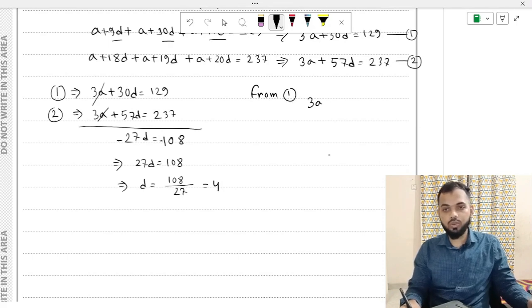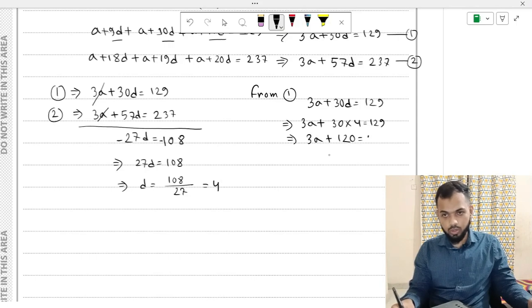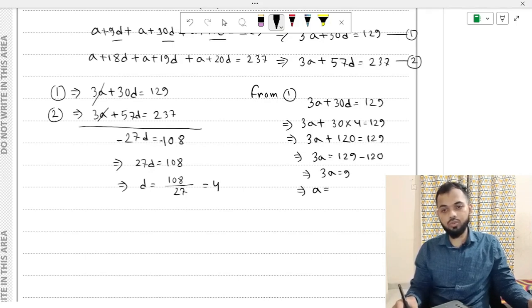We can write 3a plus 30d, which is 129, and simply replace d as 4 and solve it for a. So we will get 120, and 3a equals to 129 minus 120, 3a equals to 9, and a equals to simply 9 divided by 3, which is 3.